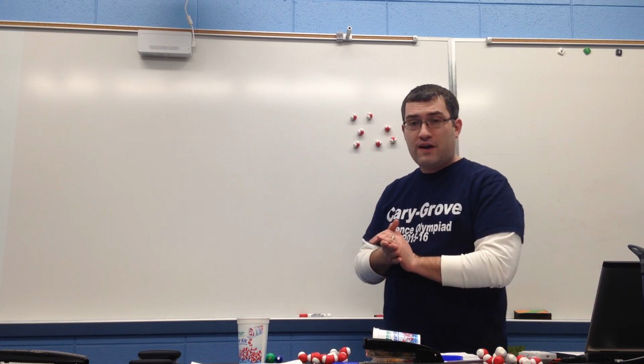Okay? So let's define what a colligative property is. The word colligative means a property that's going to change depending on how much you put in, but independent of what that thing is. So if I have a pure solvent like water, it has a boiling point and a melting point. If I mix something into that water, I change the melting point and the boiling point.